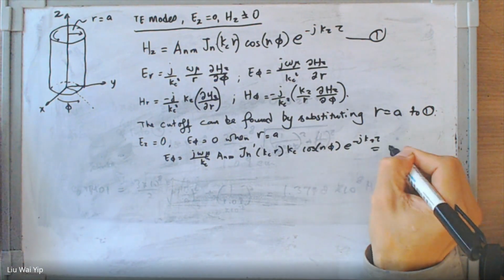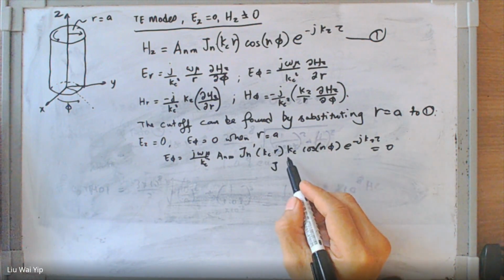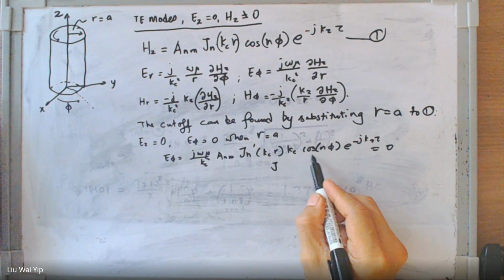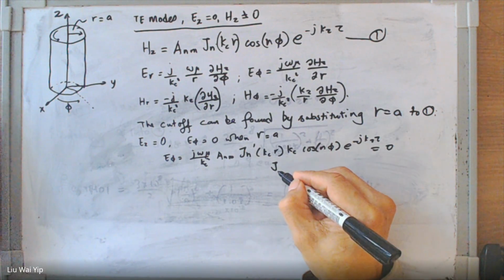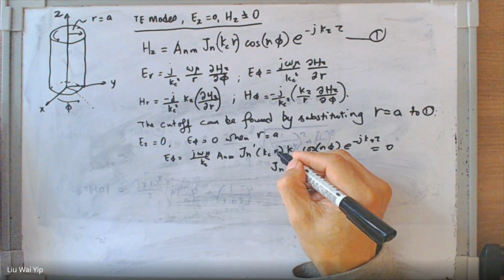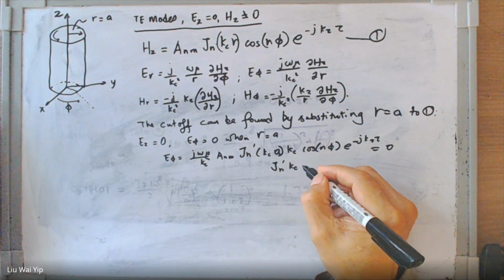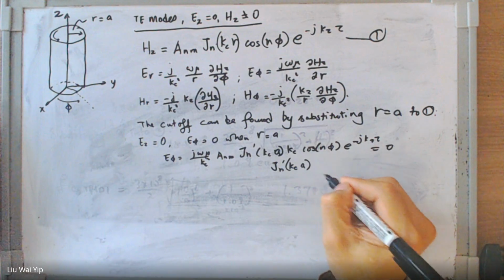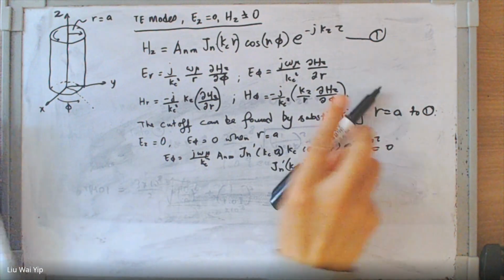But this one has to be zero. This means no other expression in the equation will be zero except for the partial function, the root. So you need to put r equals a here, so this is equal to 0.